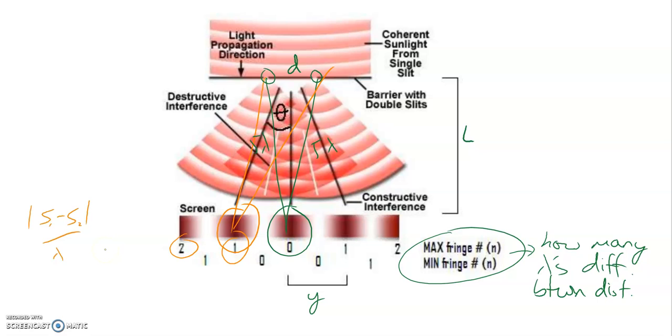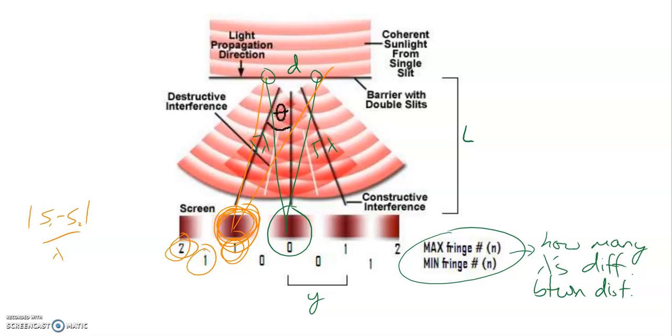If you went over here and did S1 minus S2 divided by lambda, you would get a value of 1. If you went over here, you would get a value of 2, and so on. If you went here, you would get 1.5 because it's at a minimum. It's the exact same idea. So that's where the fringe number kicks in.